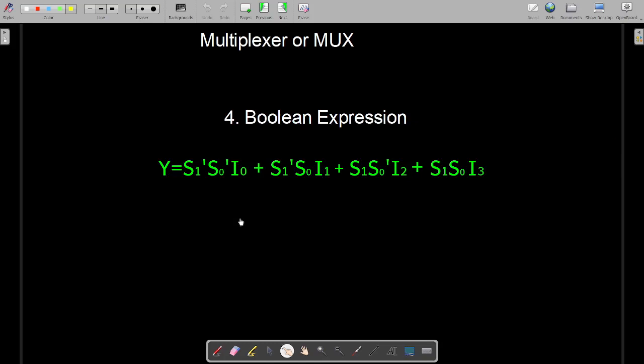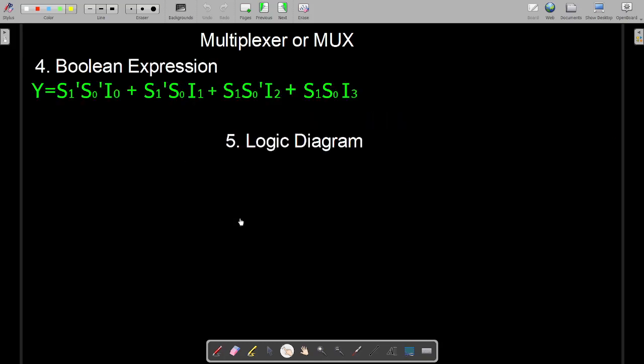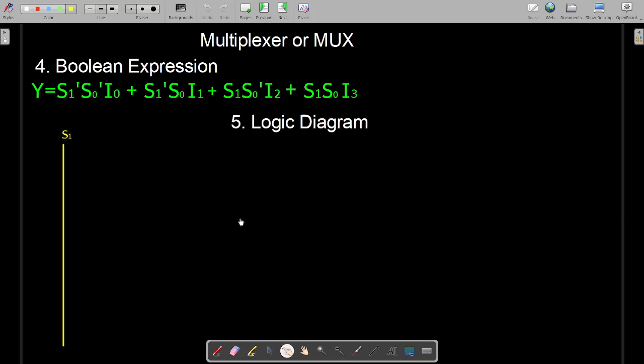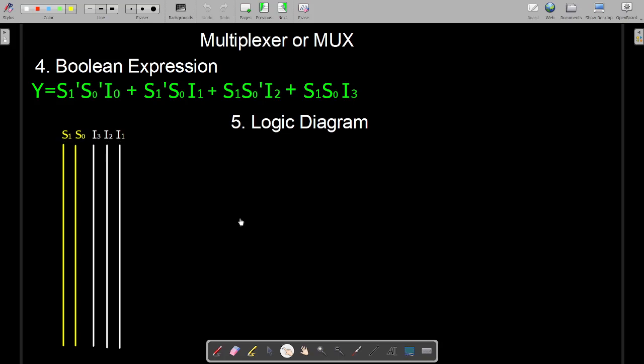Now we are going to draw the logic diagram. This is the final step, isn't it? For that we have to draw all the input lines, that is the selection lines, and the direct data lines or the input lines. So it is S1, S0, I3, I2, I1, I0.